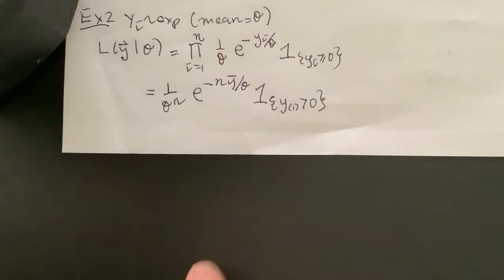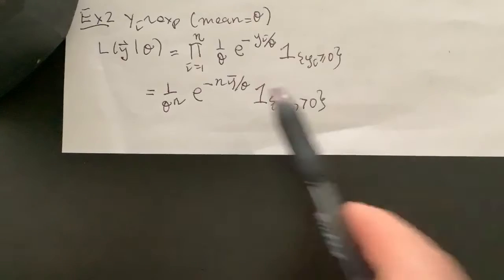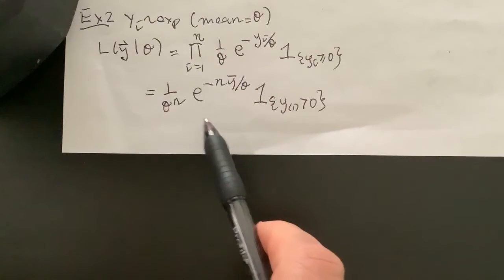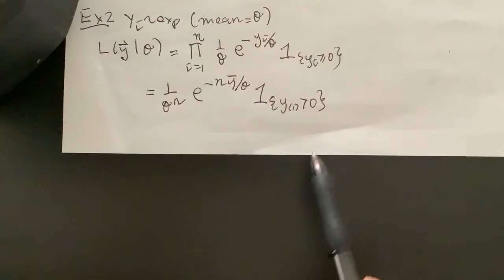Hello. So just to recap a little bit, we just finished finding the MLE for exponential with mean theta. Here we have the likelihood function, and we reduce it here.